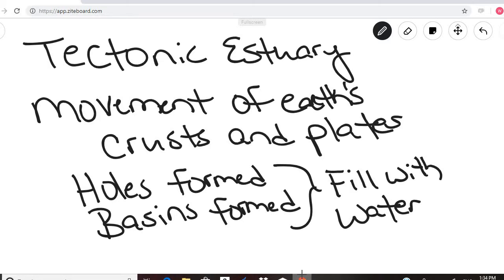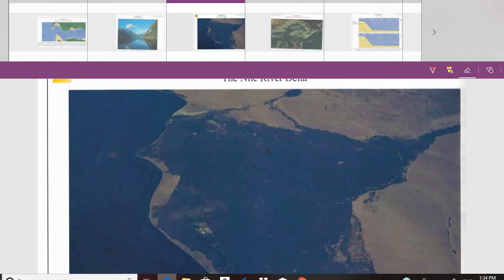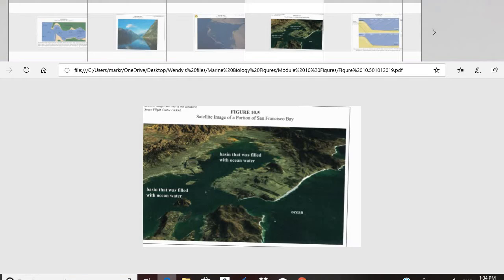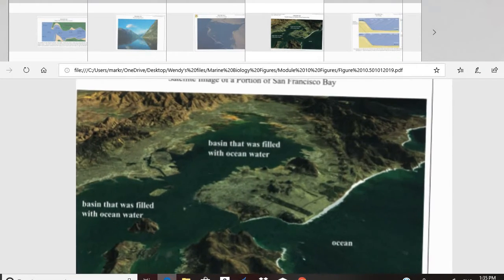And that creates an estuary. So an example of an estuary that is believed to have been formed in this way is the San Francisco Bay. Here it is. Okay, so here's San Francisco Bay.